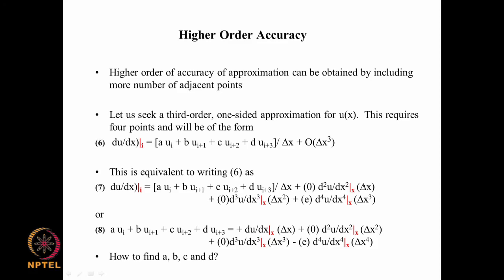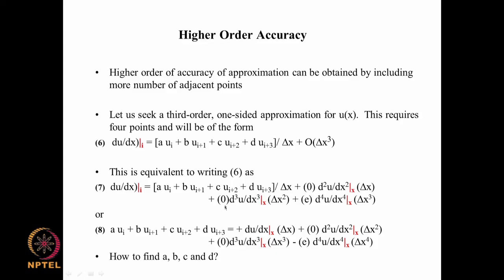So, this Δx term does not appear, 0 times Δx square term also does not appear, and the only term, the leading term that appears is this coefficient e, still to be determined, times d⁴u/dx⁴ at x times Δx cubed. So, although we are writing it like this, what we are saying is that this approximation is of this form plus higher order terms.